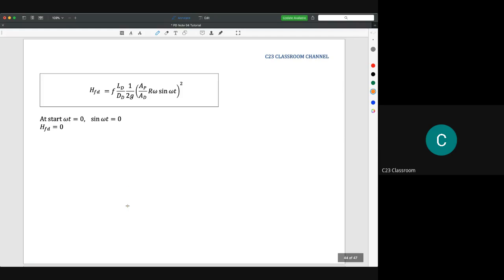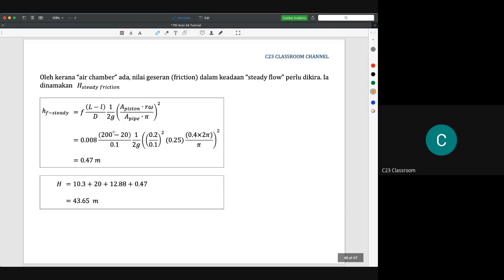Then we could calculate the friction for the delivery here, which is equal to 0 because sine omega t is equal to 0. Omega remains a certain value, please remember that. Then we need to calculate the friction that occurs.